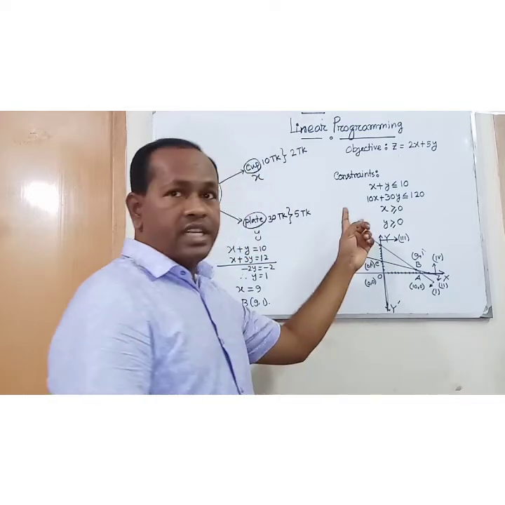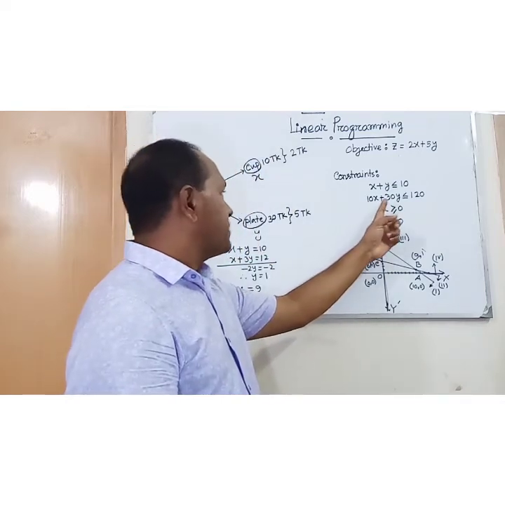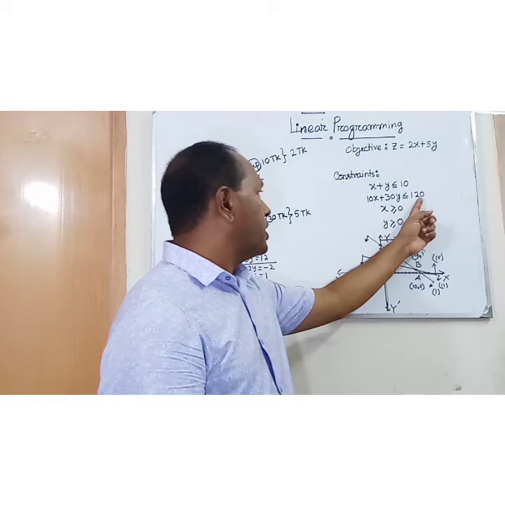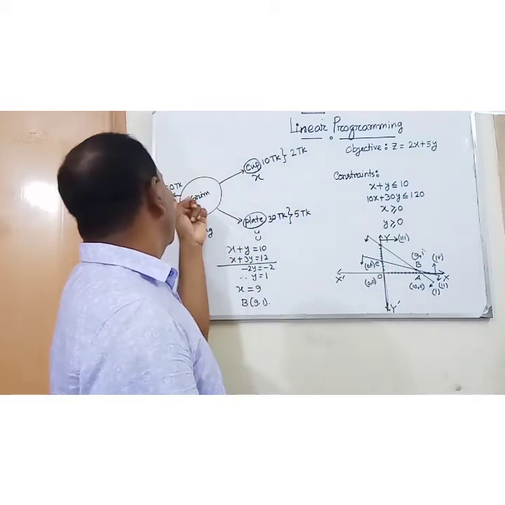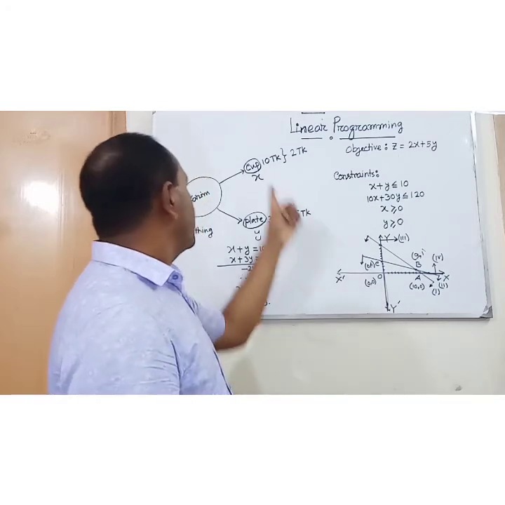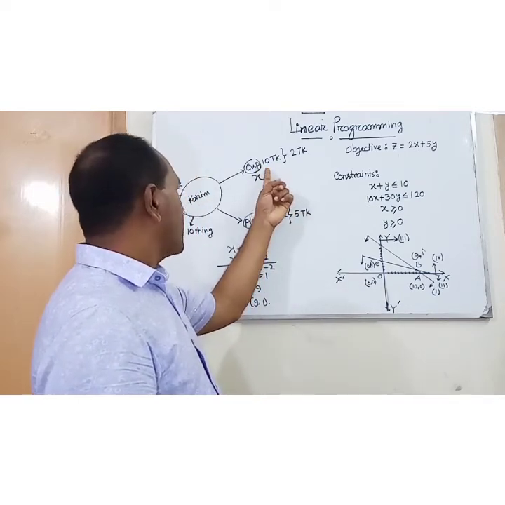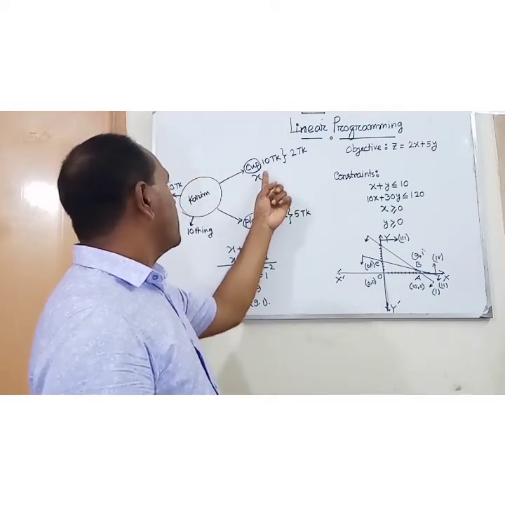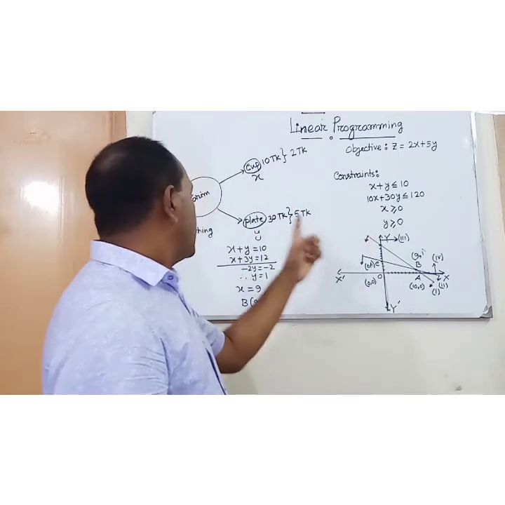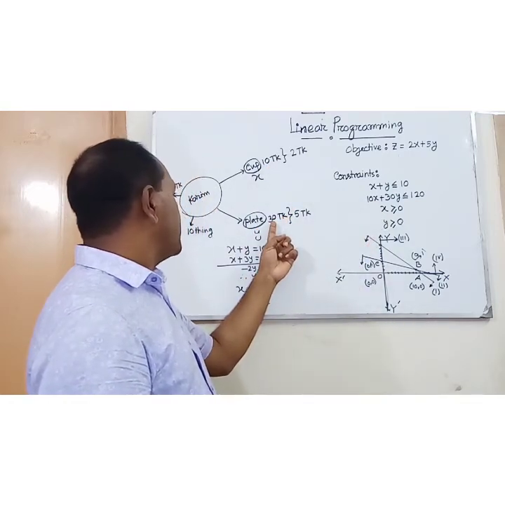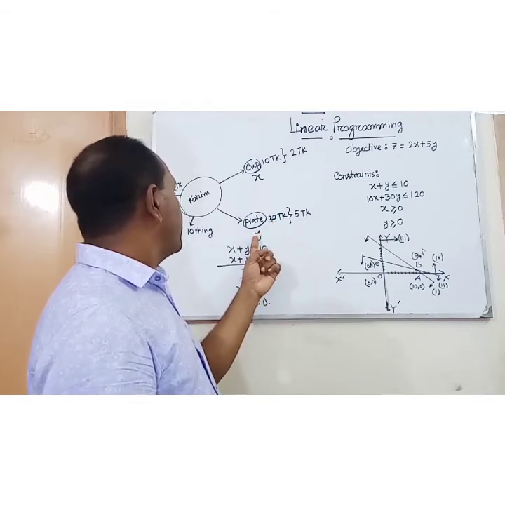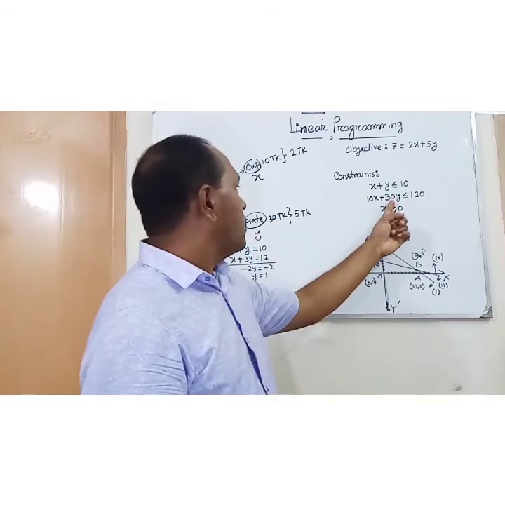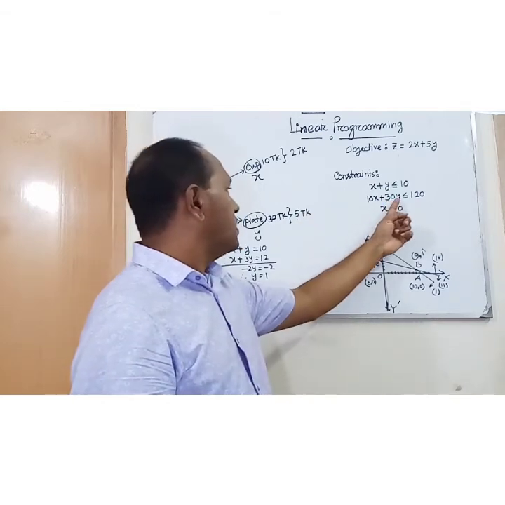And the second inequality is 10x plus 30y less than or equal to 120, because he is ready to invest at most 120 taka. The cost of each cup is 10 taka, so the cost of x cups is 10x taka, and the cost of each plate is 30 taka, so the cost of y plates is 30y taka.